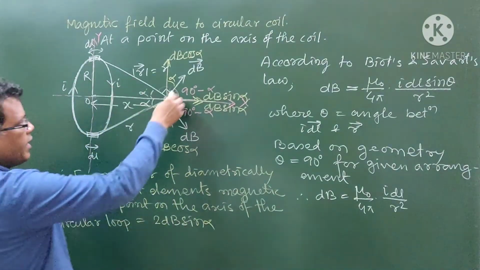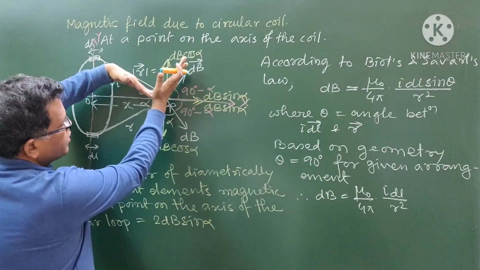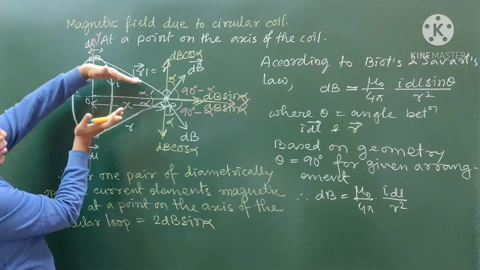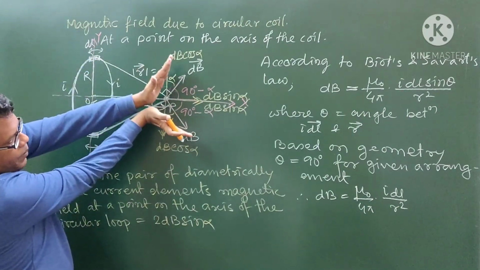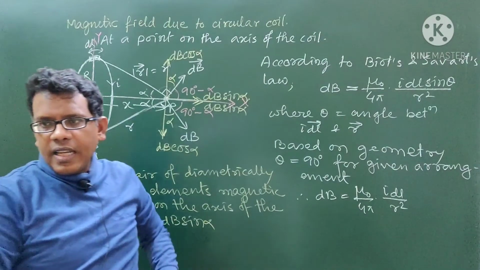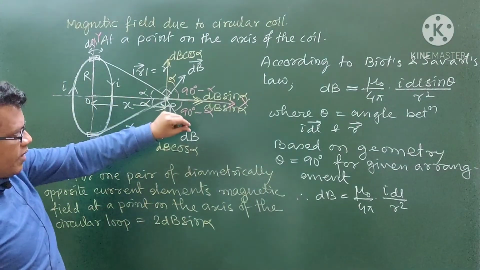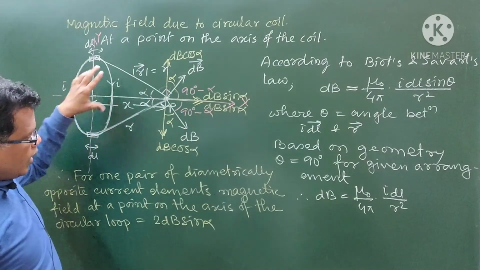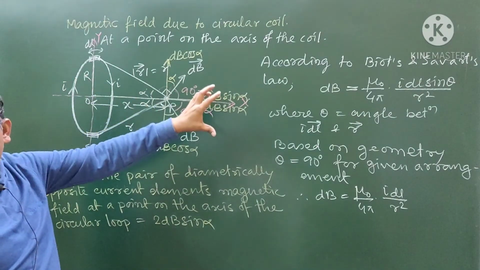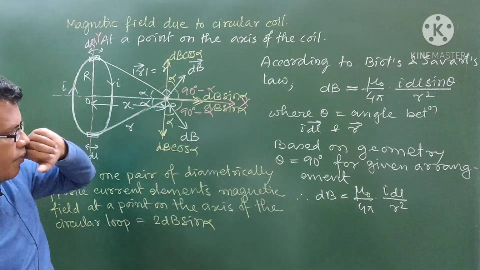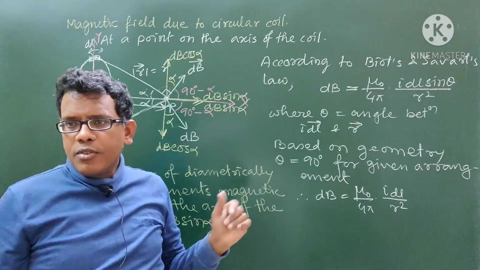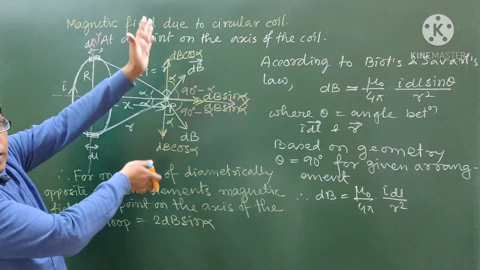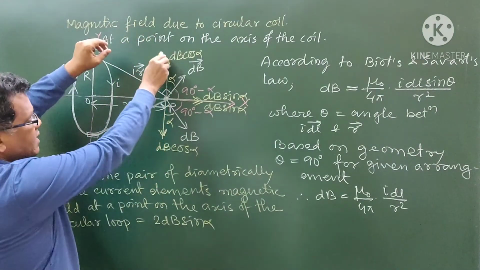So this is the way dB appears perpendicular to this plane, and the same happens on the other side. For one pair, the dBs appear at an angle of divergence. To know the resultant effect of the two dB values, I have resolved them, and by the direction of the resolved components, dB cos alpha appear perpendicular to the axis, so they get cancelled out.